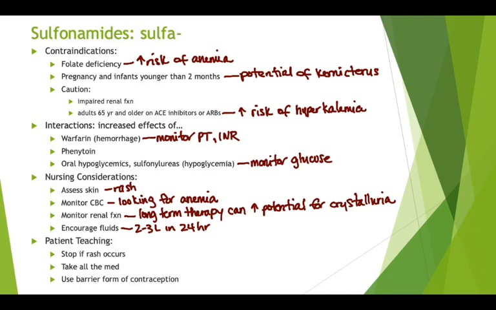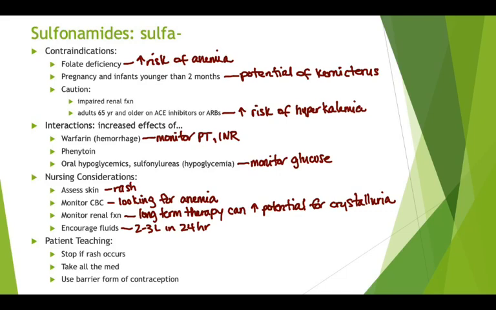As a nurse, what nursing considerations are you going to be looking for? Again, you want to assess the skin because remember the potential for Stevens-Johnson syndrome. So you're looking for a rash or a specific area that has a rash, especially around the dermatomes.